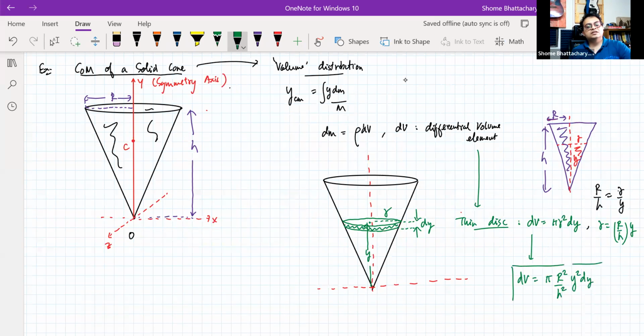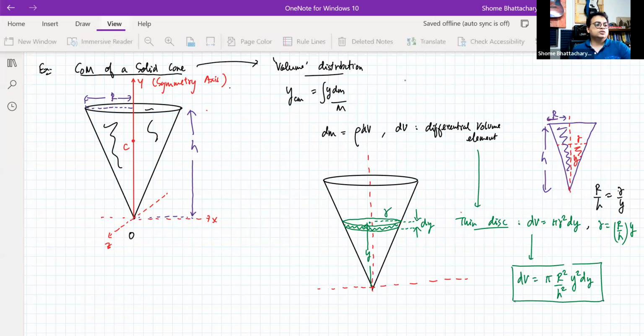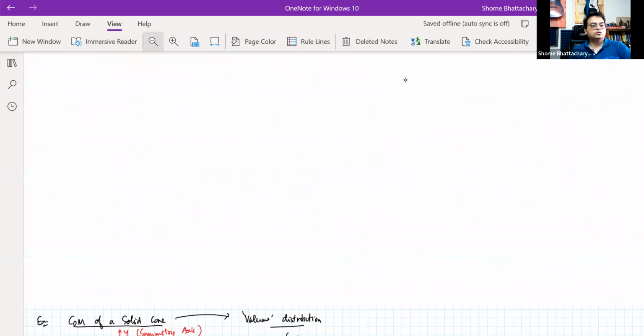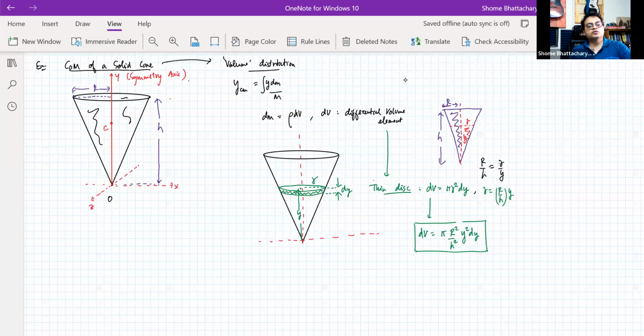Now the interesting thing is, before we get into center of mass, you can also use this expression to show the volume of the cone.